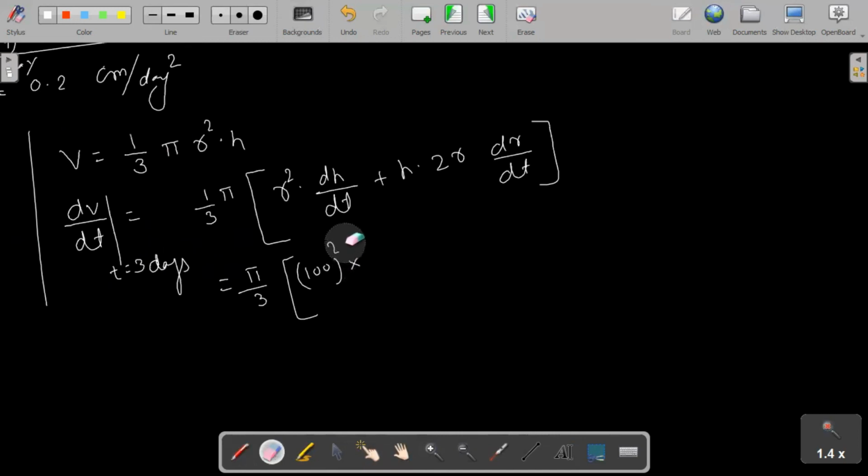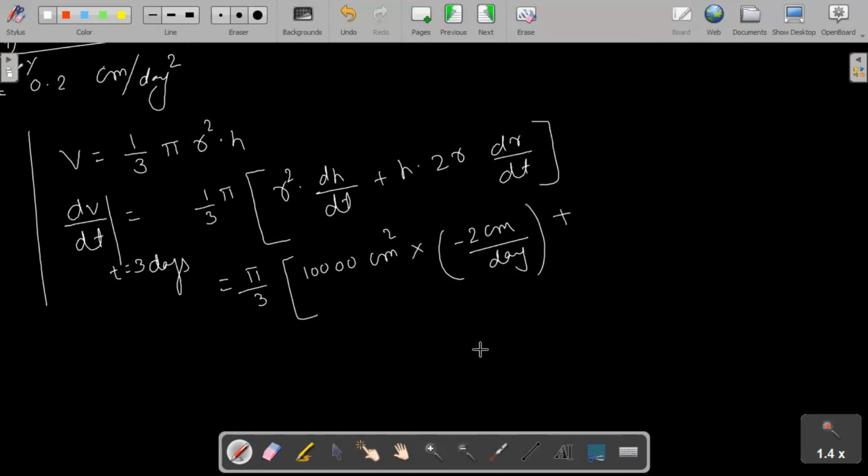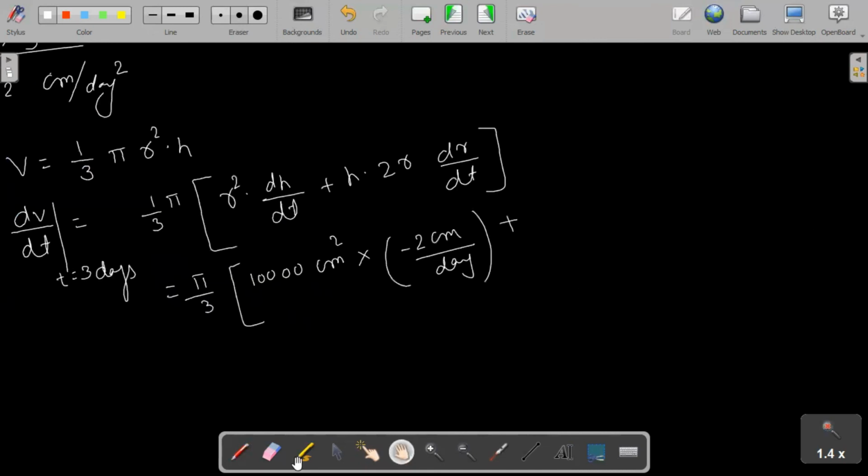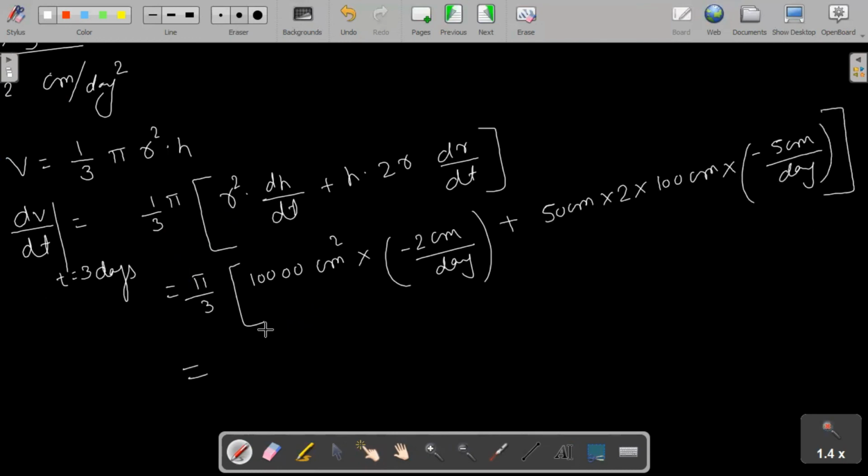Let's do the calculation of units also. This is 100 centimeter square, dh upon dt is minus 2 centimeter per day, plus h. H is also given, basically 50 centimeter, into 2, into r which is 100 centimeter, into dr upon dt, basically minus 5 centimeter per day. So we can see the unit is centimeter cube per day.